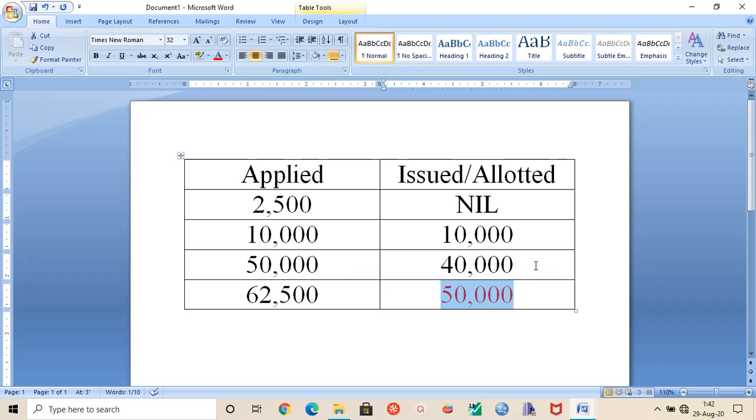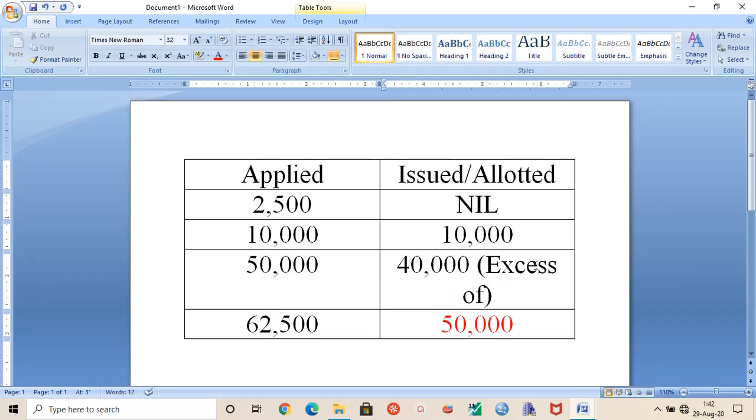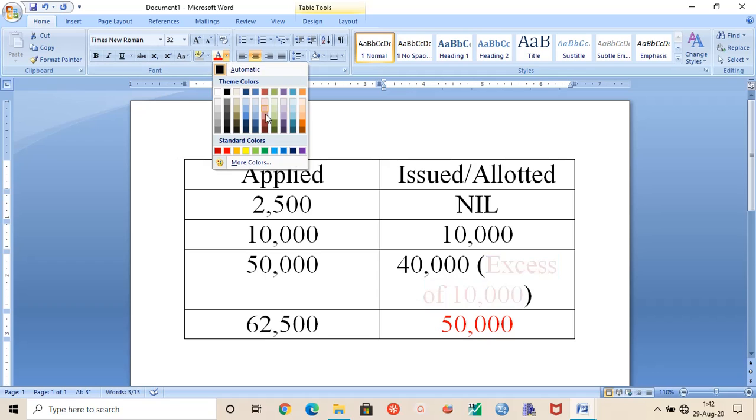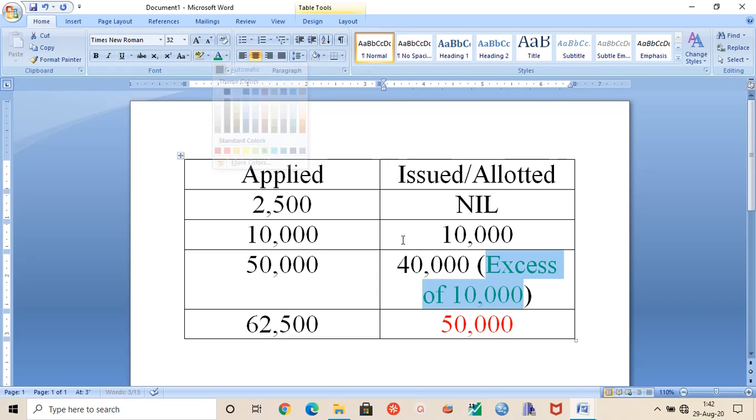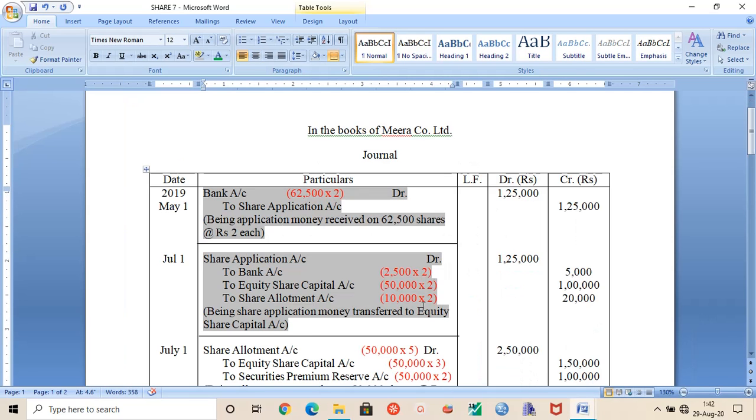And here we are having the excess of 10,000 number of shares. So this is the number of shares that were used for the adjustment made here in case of your allotment.